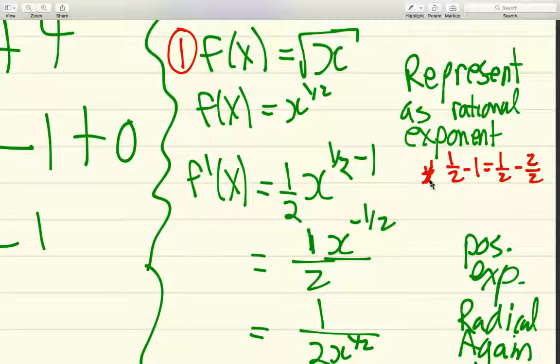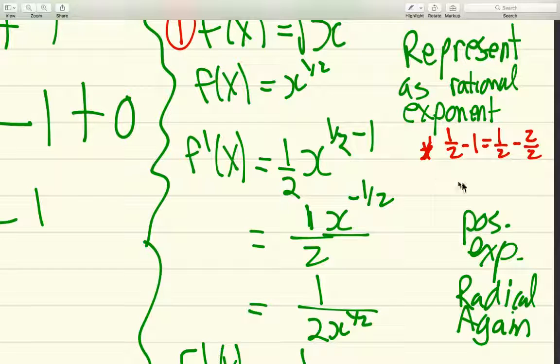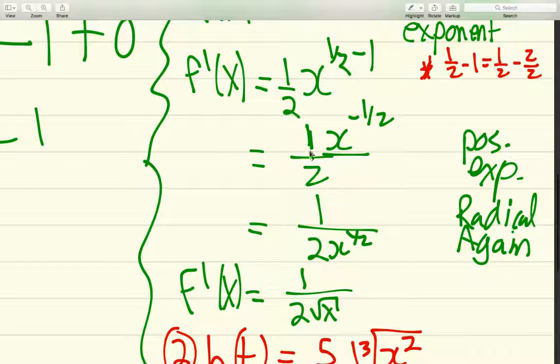Now, what I want you to remember here is when you're dealing with fractions, life's made much easier. If you're going to have to do 1/2 minus 1, you just represent that as 1/2 minus 2 over 2, because what is 1 as a half? Well, it's 2 over 2. Okay, so then we simplify after that. We have 1/2 x to the negative 1/2.